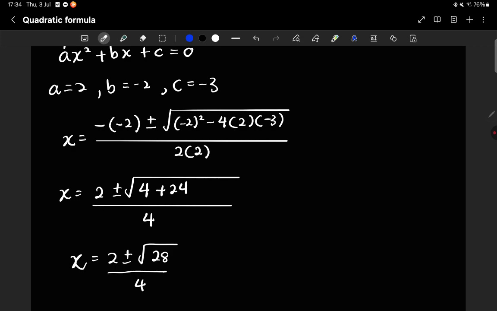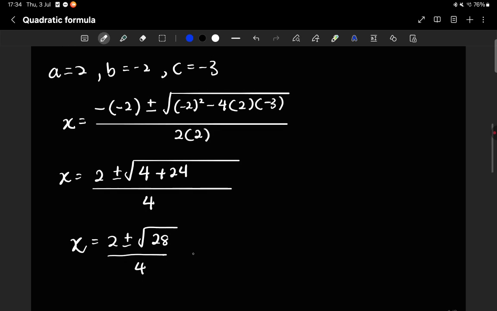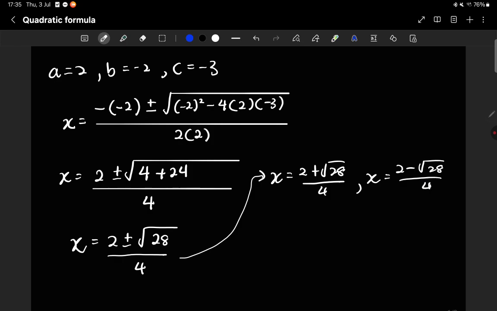The very important thing to remember here is that since we have a plus minus, this gives us two values, because it could be either plus root 28 or minus root 28. So we split into two: x equals 2 plus root 28 over 4, and x equals 2 minus root 28 over 4.